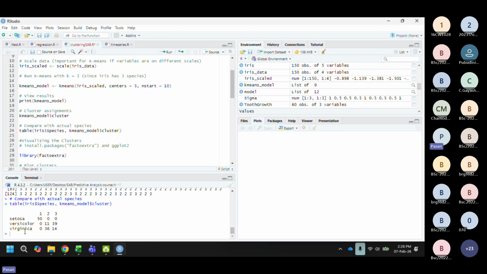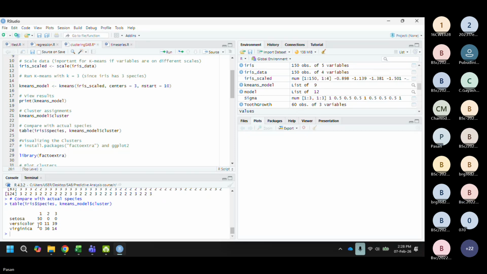So altogether they have 150 observations. But by looking at only those four variables that we collected, once you separate them, this is how the clustering happens.